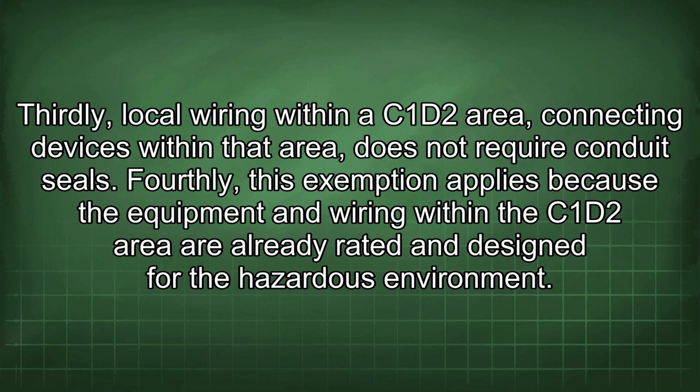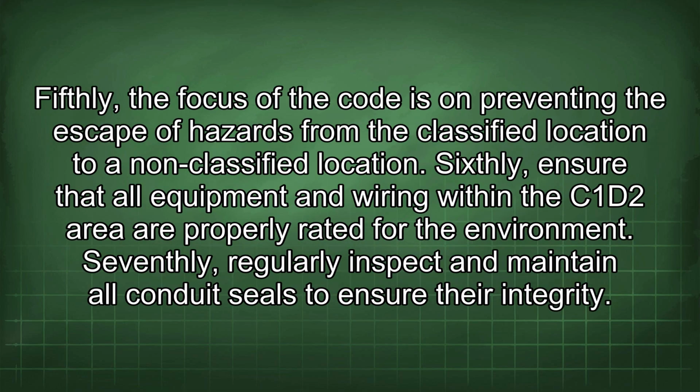Fourthly, this exemption applies because the equipment and wiring within the Class 1 Division 2 area are already rated and designed for the hazardous environment. Fifthly, the focus of the code is on preventing the escape of hazards from the classified location to a non-classified location. Sixthly, ensure that all equipment and wiring within the Class 1 Division 2 area are properly rated for the environment.